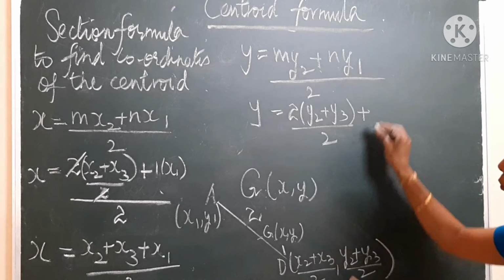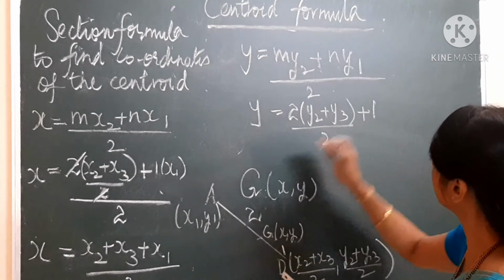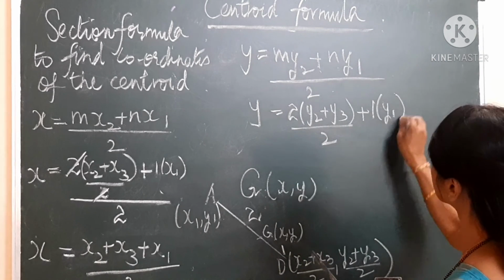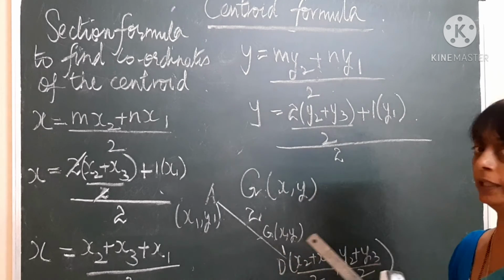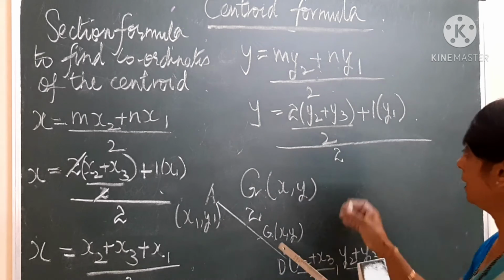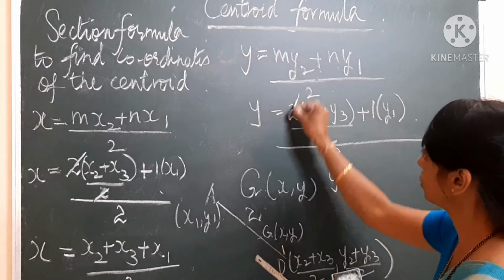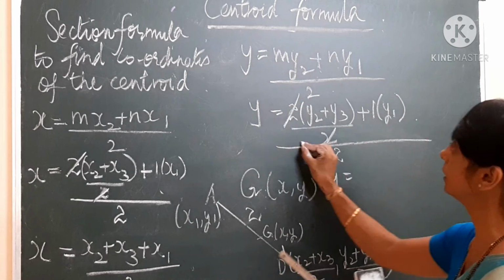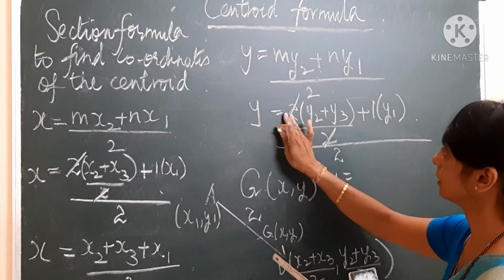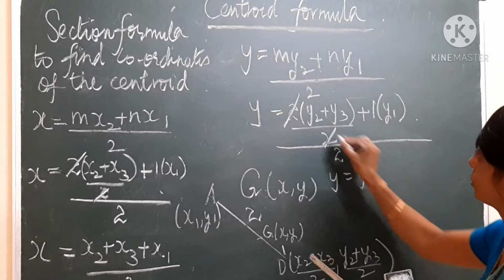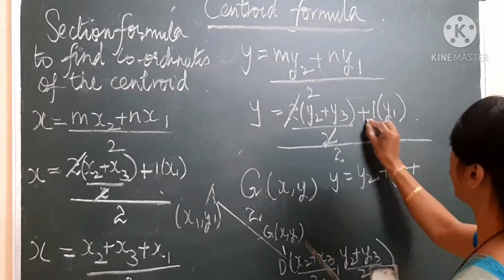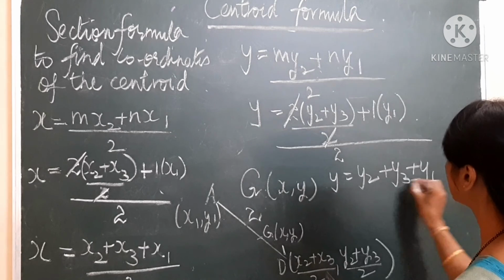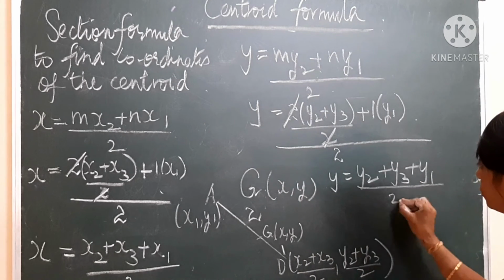N is equal to 1. y1 remains as it is. This goes with the numerator, divided by 2 in the denominator. Let's proceed. 2 and 2 get reduced in the numerator. What are you left with? y2 plus y3 plus 1 into y1 gives me y1, upon 2.